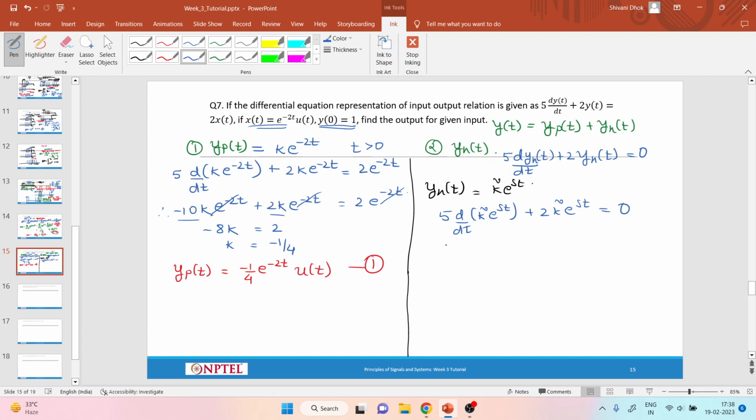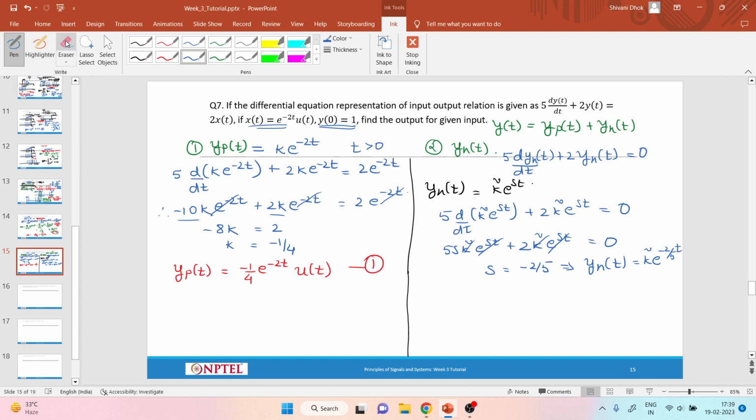This comes out to be 5s k tilde e^(st) plus 2 k tilde e^(st) equal to 0. This gets cancelled, and therefore my s comes out to be -2/5, which means that my yh of t is equal to k tilde e^(-2/5 t).